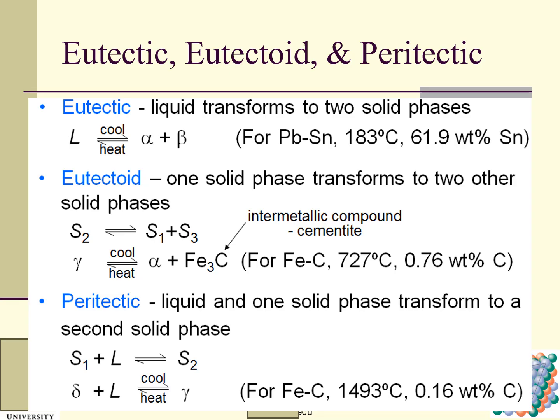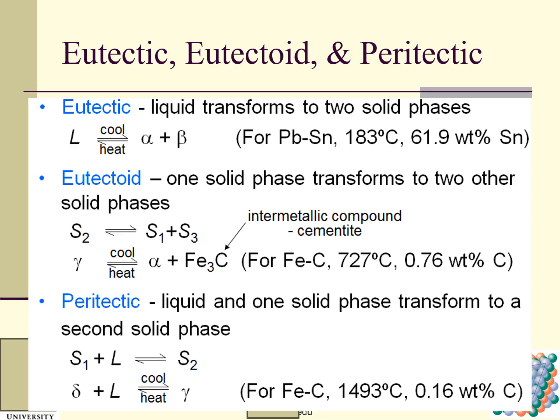Eutectic means that we have a change from one liquid phase. If we cool it, we will have two solid phases, alpha and beta. However, if we heat alpha and beta at some temperature, we can get this liquid phase.